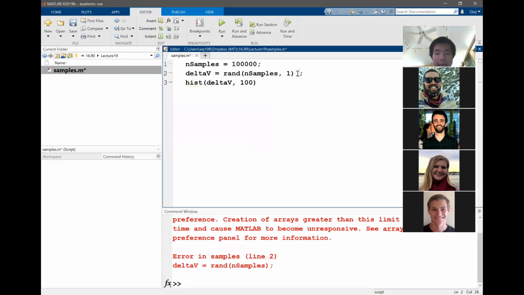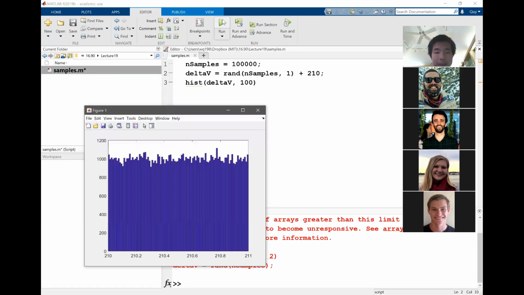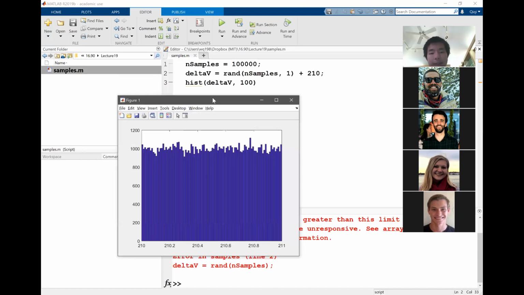Well, if I add 210 to the entire array of delta V and run this again, I get a uniform distribution between 210 and 211. So I have shifted the entire samples to between 210 and 211.